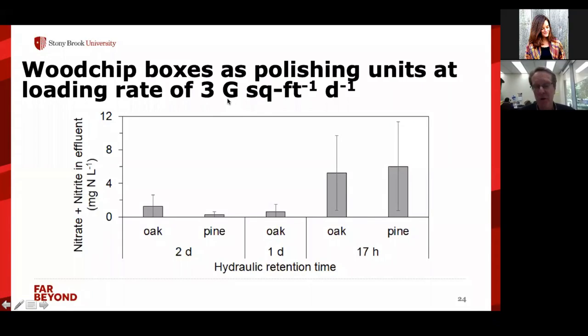You can have a very small system, but if it's small enough to allow the residence time to go under a day, then almost immediately you compromise the denitrification, the removal of nitrate. So we're continuing to monitor this to see if there's any changes over time. So far, oak and pine seem to perform about the same, but we're continuing to consider this question of wood chip types as well as wood chip sizes.